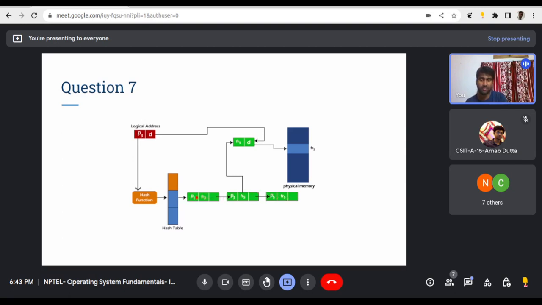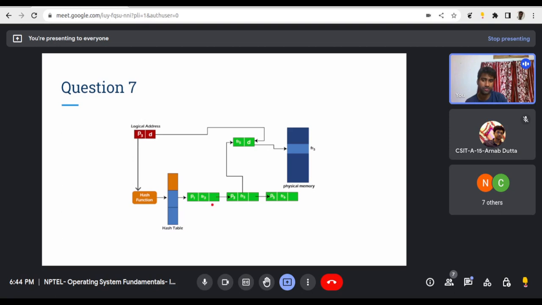As you can see, each entry consists of the page number, the corresponding frame number, and the pointer to the next entry. So this is how the hashed page table looks, and this is actually a linked list. If you have studied hashing in data structures, this is how you resolve collisions in hashing.